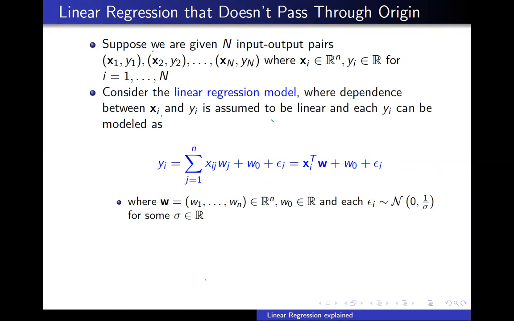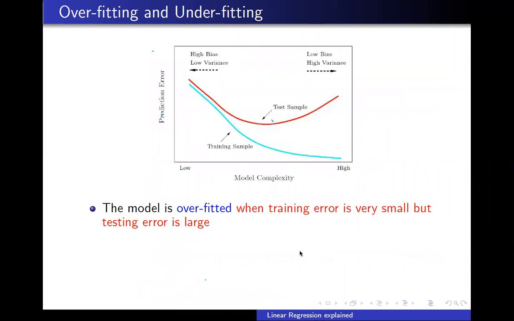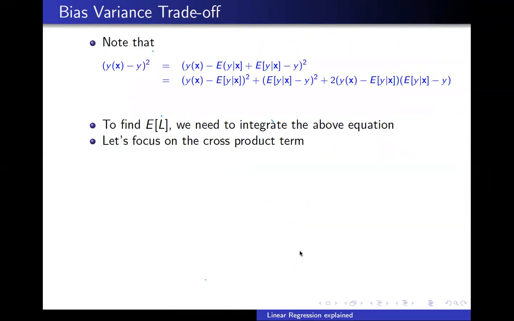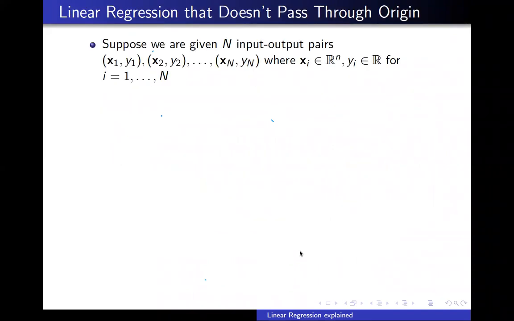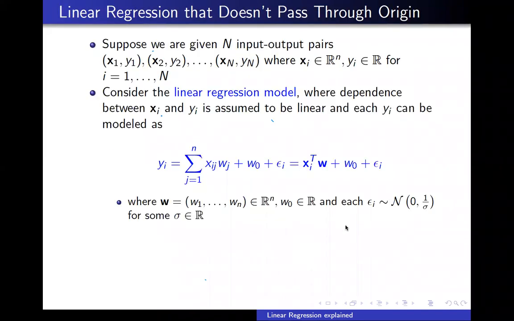Because now we have an additional parameter in your W, along with your D different features.